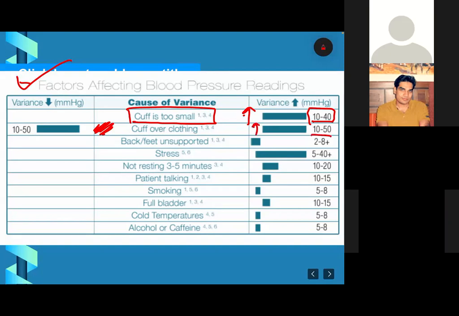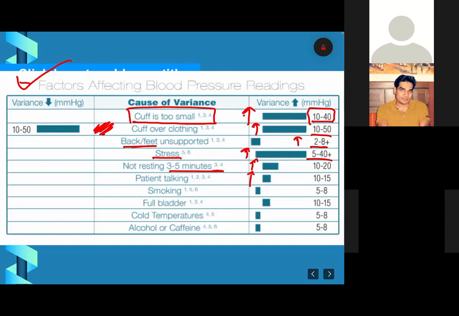If the back and feet are unsupported, then there would be an increase of 2 to 8 millimeter of mercury. If there is stress, then the increase would be 5 to 40. Not taking rest for 3 to 5 minutes increases it by 10 to 20. If the patient is talking, then the blood pressure is also raised by 10 to 15.